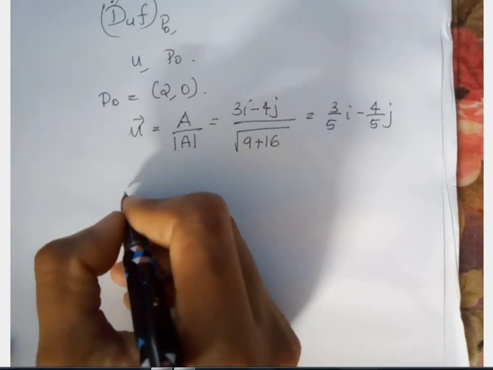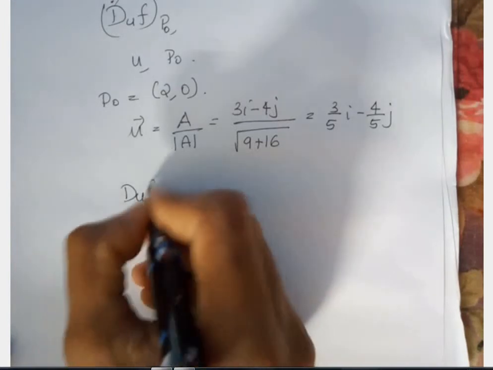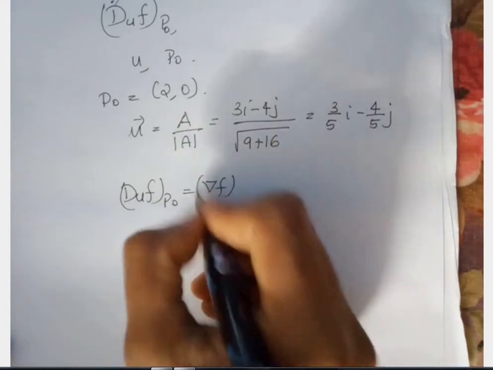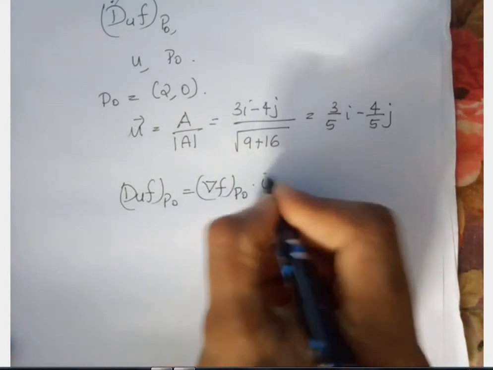So in order to find this, we have D_u f at the point P naught is equal to del f at the point P naught dot u.